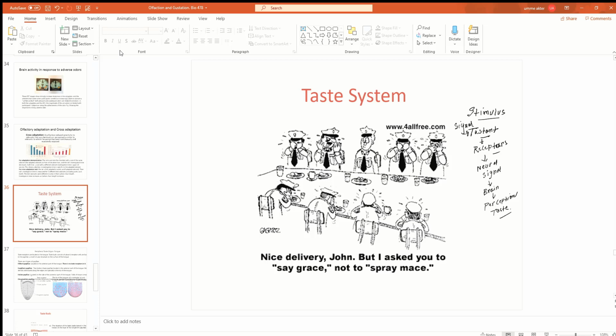Now, taste and flavor are two different things. Okay. Flavor is a more complex mechanism in the brain, and the flavor perception is more complex, okay, and multidimensional than the taste perception.